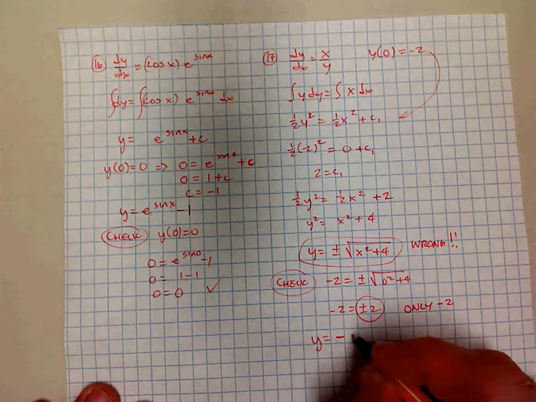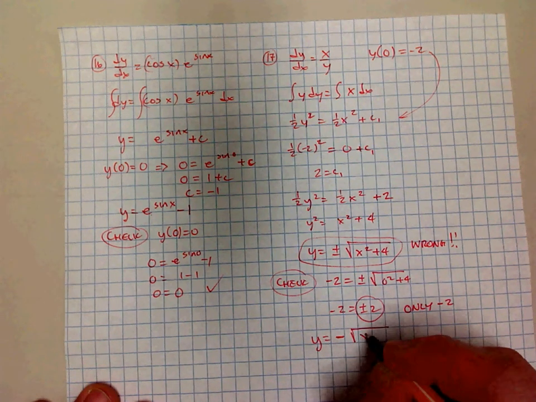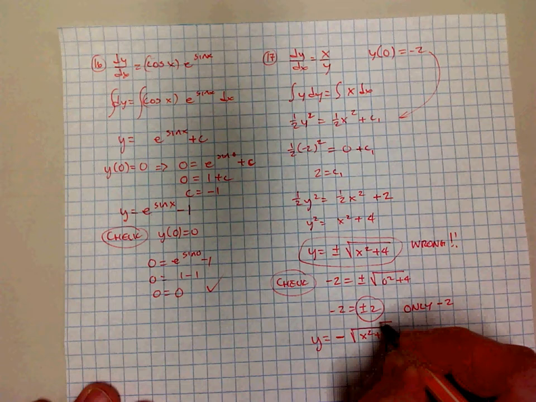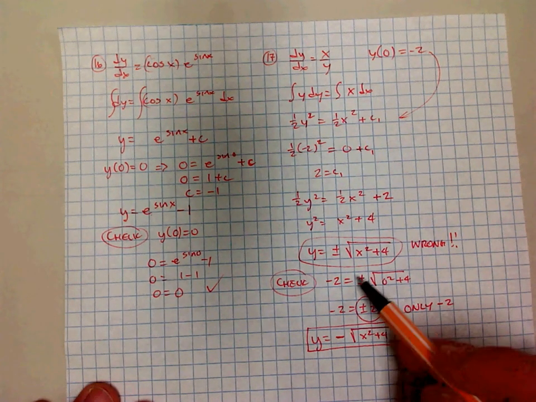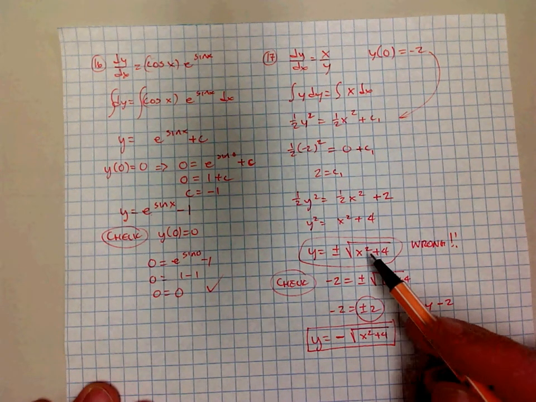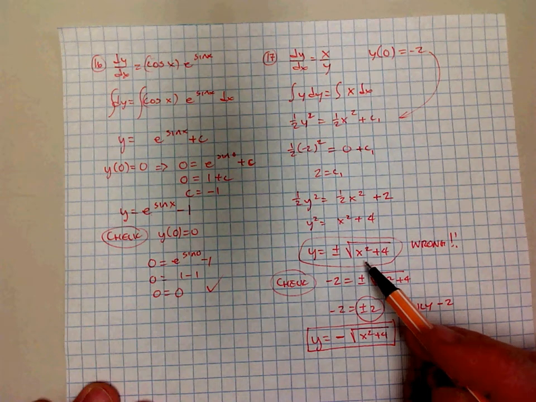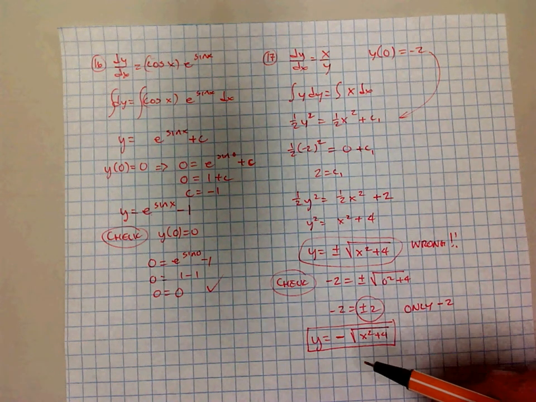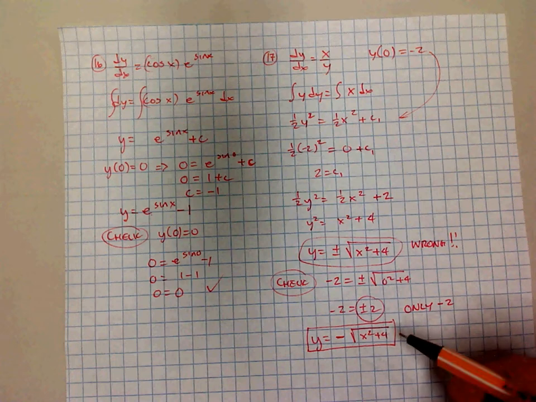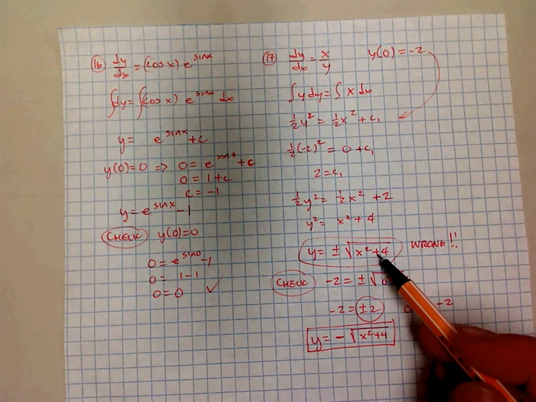And now aren't you thankful that we checked our initial conditions to see if this equation was right? Sometimes it might be always wrong, and we say there is no solution. In this case, we just limit it to only the negative value coming out of that square root.